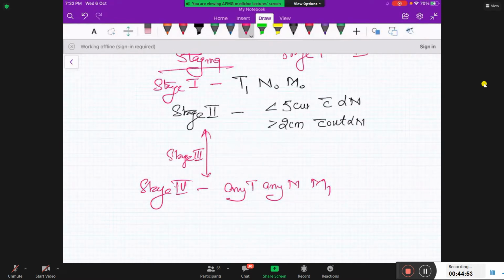So let's make it further simpler. Whenever it is T4, or it is N2 or it is N3, it is always going to be stage 3.